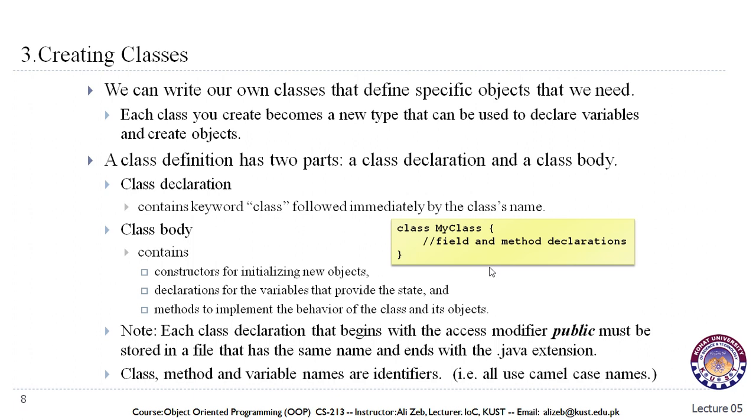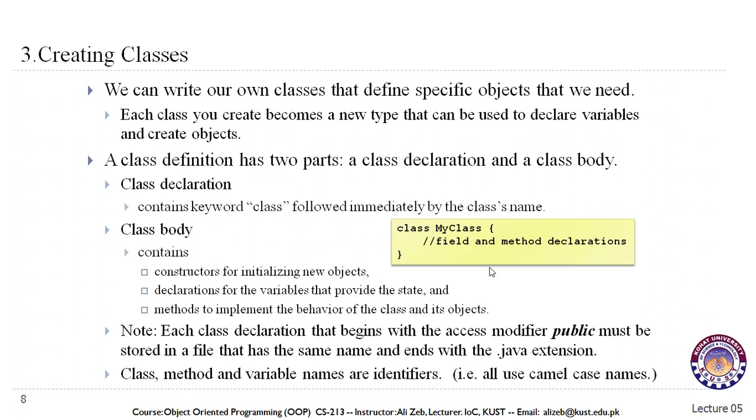Class, method, and variable names are identifiers. All use camel case names, and there are some specific rules that we need to follow. For example, for naming our variables, methods and classes, the rules are mostly similar to C++.